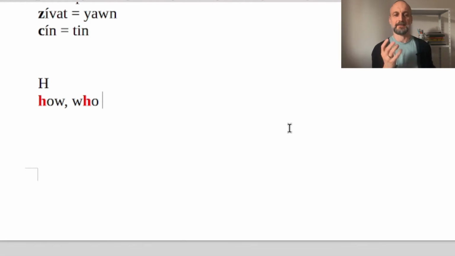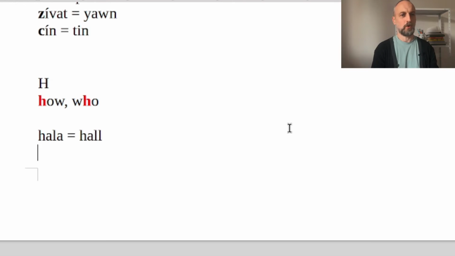It sounds like there's a little bit more air in the sound. So you would say how or who. Although maybe I'm exaggerating right now. In Czech, it would be pronounced more fully, more h, like, for example, in the word hala, which is a hall, or noha, that's a leg.